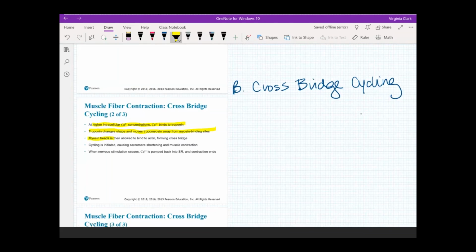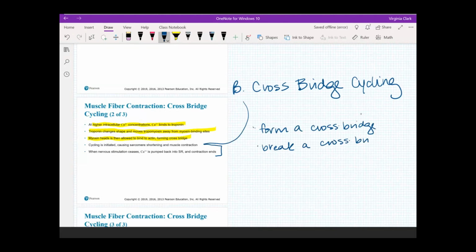The myosin head will bind to actin, forming a cross bridge. And then we get into the last two steps, which is the cross bridge cycling. We are going to cause this cross bridge to form multiple times. So you will form a cross bridge, then you will break a cross bridge.